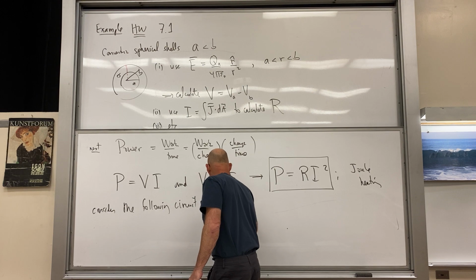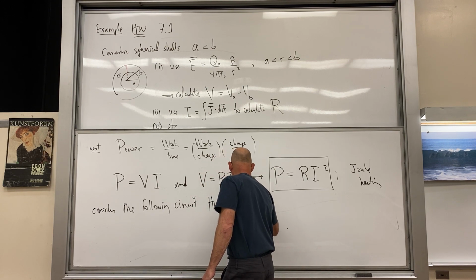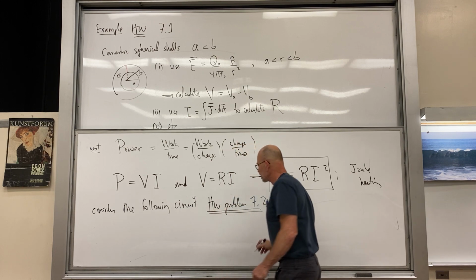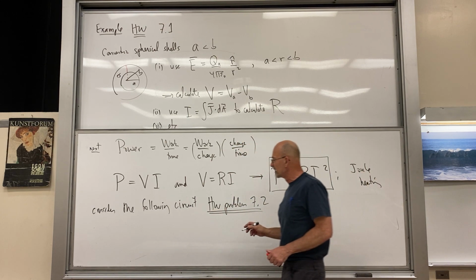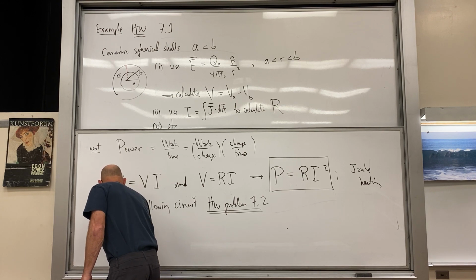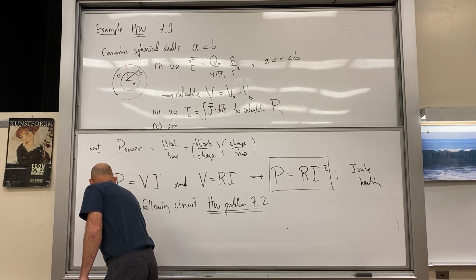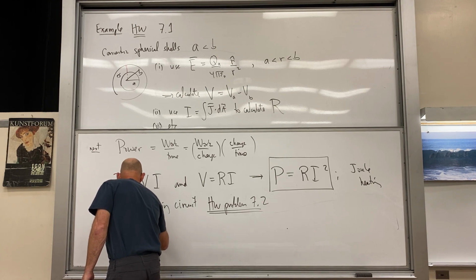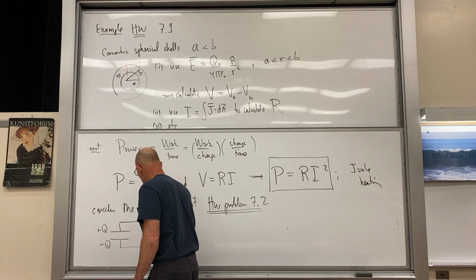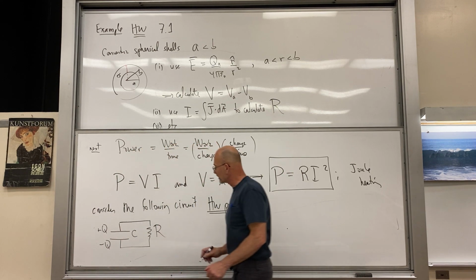Homework problem 7.2. There are two circuits. The first one is if you discharge Q across a resistor. So you've got a capacitor and a resistor.